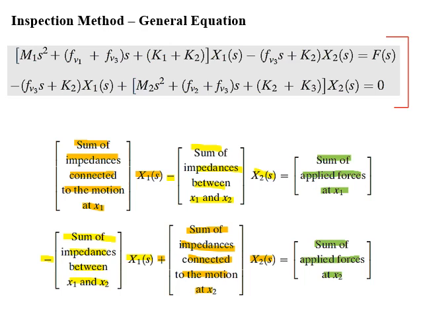You can also compare this generalized form with the given set of equations, and this generalized form will be used for the inspection method for a system with degree of freedom 2.